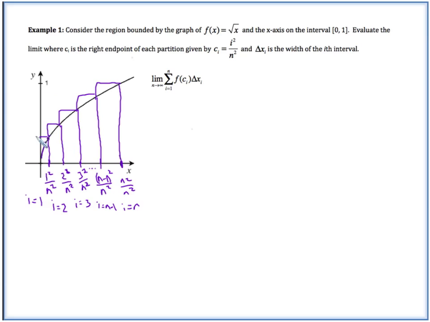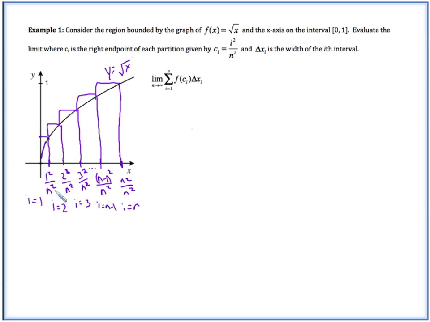Let's figure out what these y values would be. We have i squared over n squared, and remember our function f of x equals the square root of x, which basically means y is going to equal the square root of x.